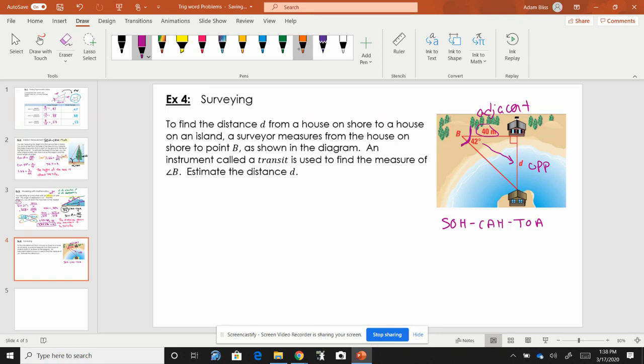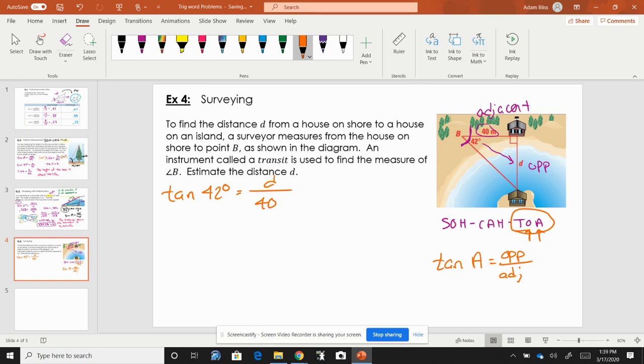Hopefully you pause the video, and we are going to use tangent because we're trying to find the opposite and they gave us the adjacent. So tangent's going to work. So the tangent of our angle is opposite over adjacent. So the tangent of 42 degrees is our opposite D over our adjacent 40.